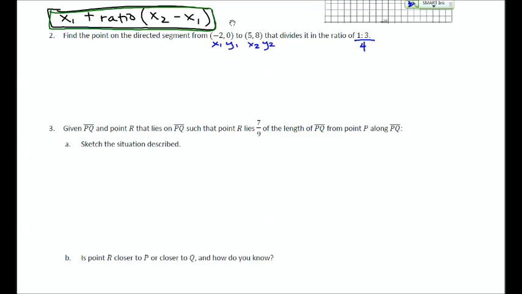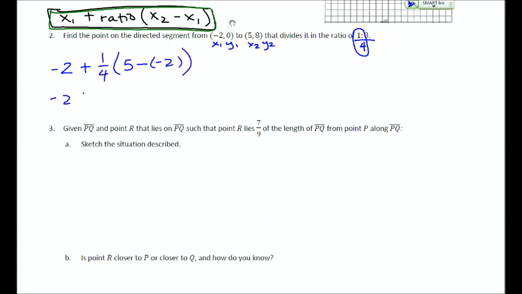Let's try this out for the x's. So if I start with -2 plus, the ratio I'm looking at is 1 to 4, times x sub 2 minus x sub 1, which is 5 minus -2.